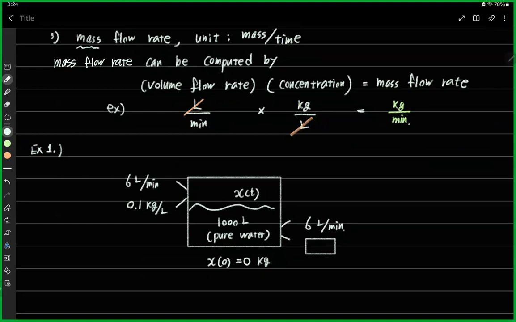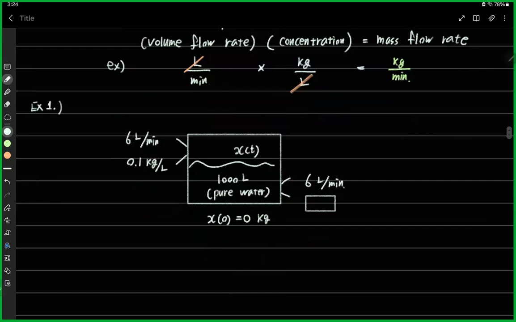Basically the problem says that 1,000 liters of pure water is in the tank right here, and 6 liters per minute comes into the tank. It's a brine solution with 0.1 kilogram per liter concentration, and 6 liters per minute, exactly the same flow rate in, comes out.